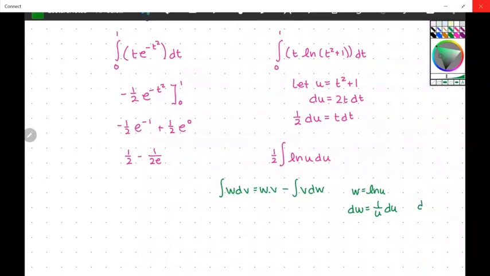All right, what does dv equal? du. So that means v was u. So we assign the natural log of u to w and the du to dv.